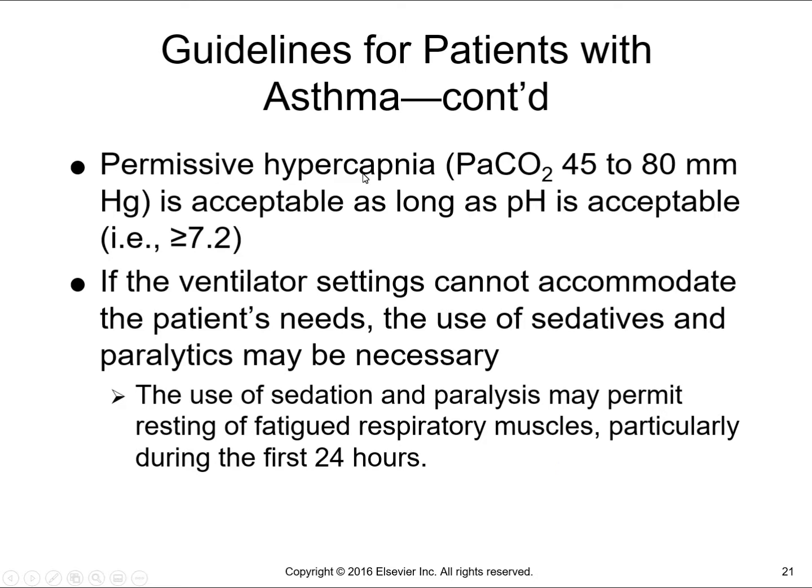Again, we can go with permissive hypercapnia with these asthmatic patients, depending on if it's restrictive or obstructive. And a PaCO2 of 45 to 80 millimeters of mercury is acceptable. So if we have to increase that CO2, then that's what we're going to have to do, with permissive hypercapnia, if the doctor orders that.